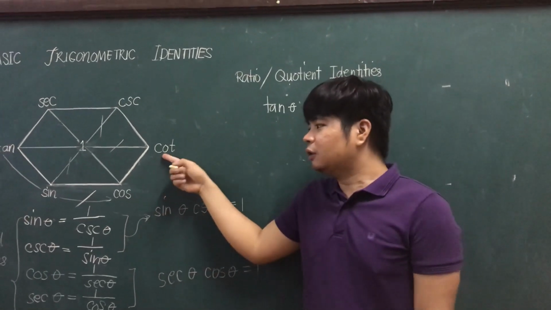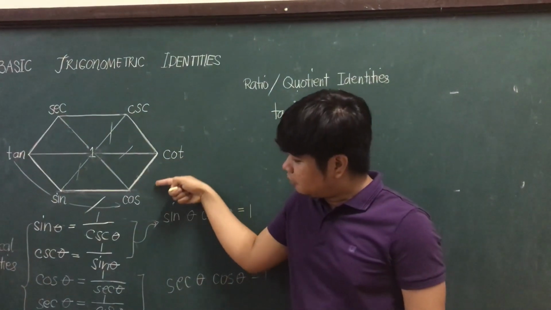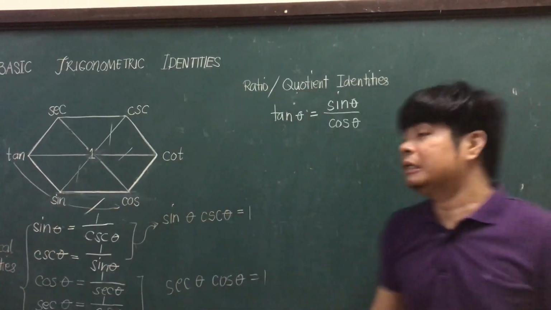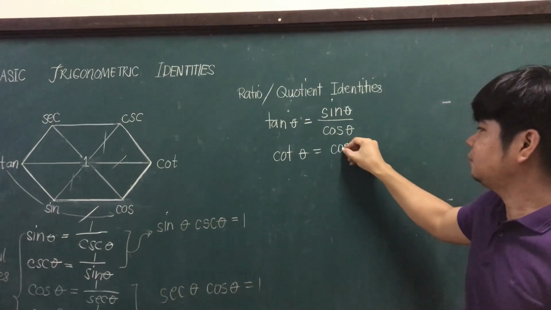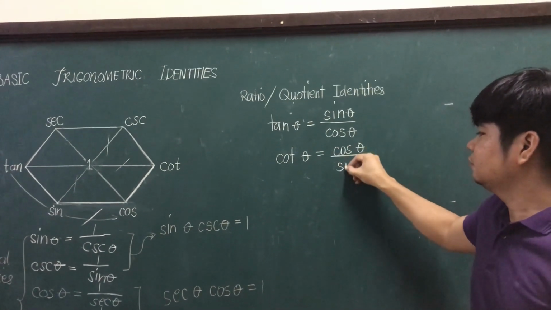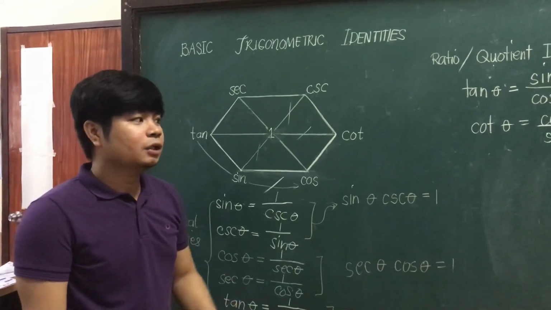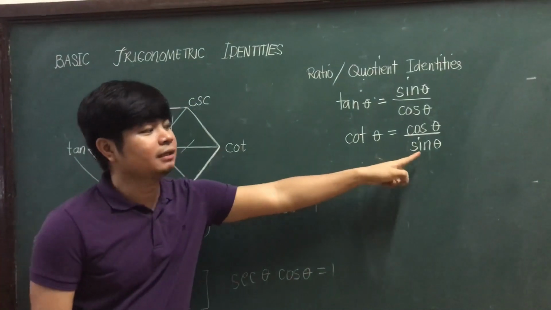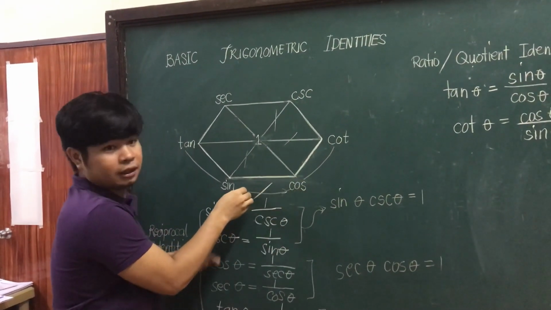So if you look into cotangent and our movement is this way, cotangent is equal to cosine divided by sine. Remember that cotangent theta is equal to cosine theta over sine theta, and the movement here is clockwise. Okay?